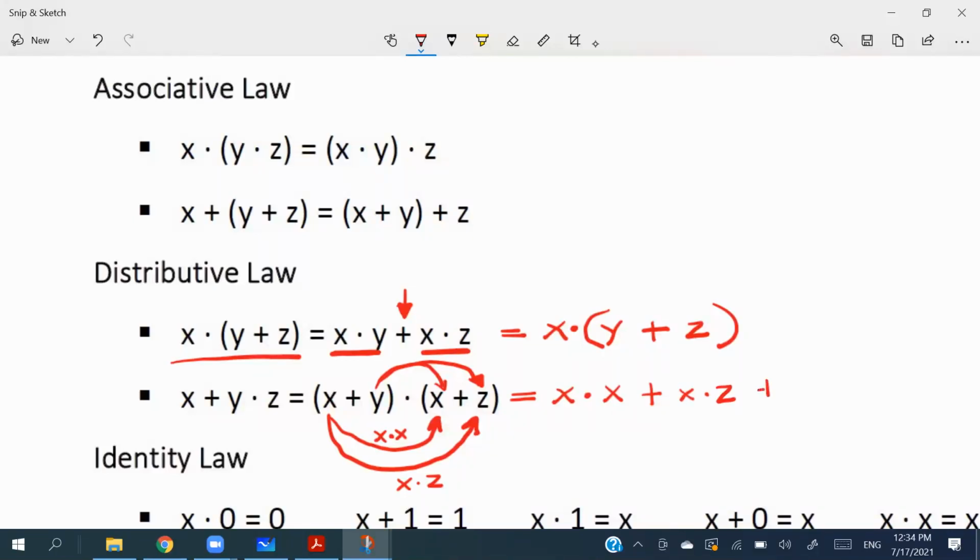And again a plus, then the y part, y dot x plus y dot z. Did you notice how the things are happening? Right, people, is that clear? How the multiplication has happened?